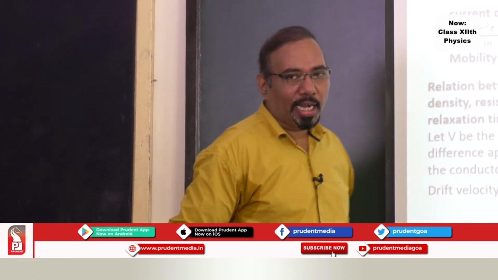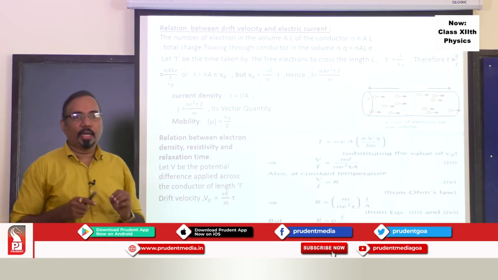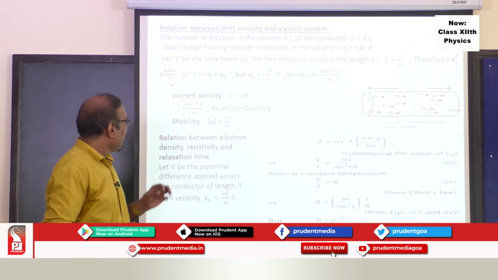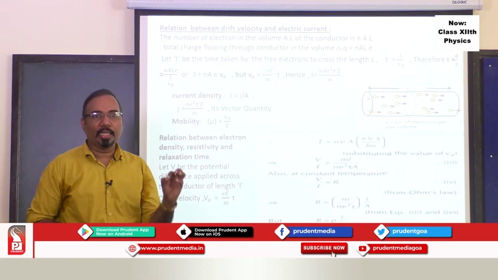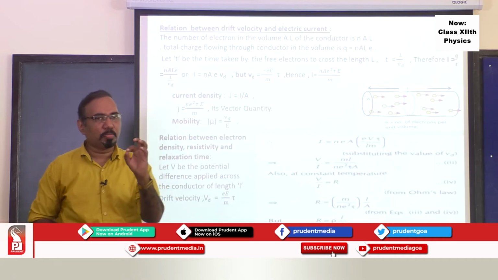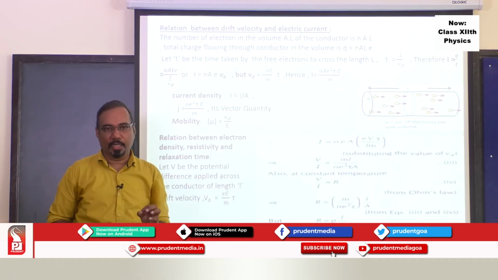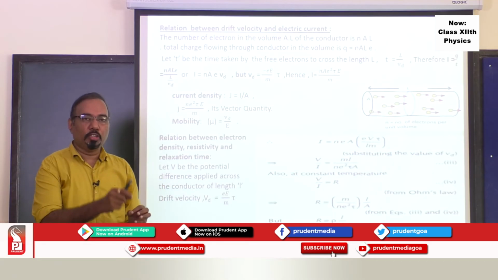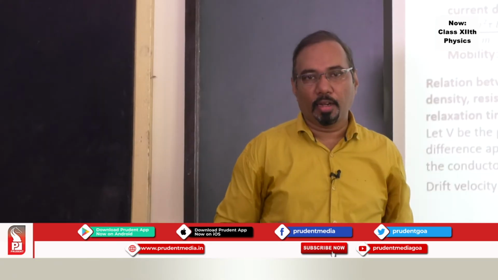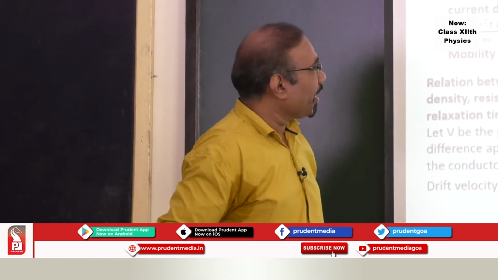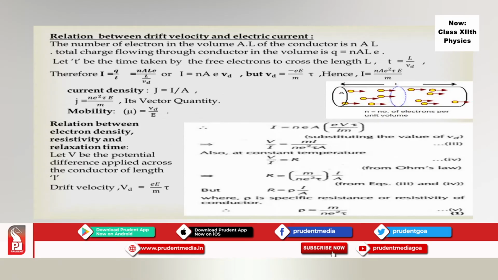Now, let's also try to understand the relation between electron density, resistivity, and relaxation time. This particular relation you have to write and see on a piece of paper, practice it, and resort to the final formula. The formula which is very important is I is equal to nAeVd.